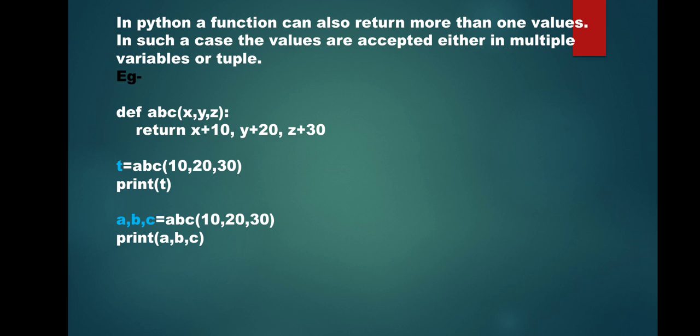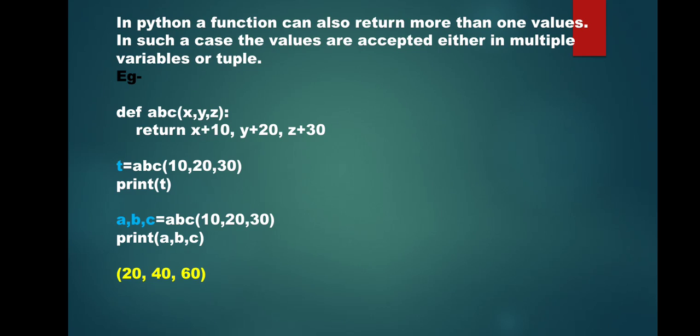Now when I am writing this statement ABC 10, 20, 30, I have written only one variable to receive all the 3 return values. So what will t be? T variable will be in the form of a tuple. So when I display t, see, the values will be displayed in the form of a tuple.